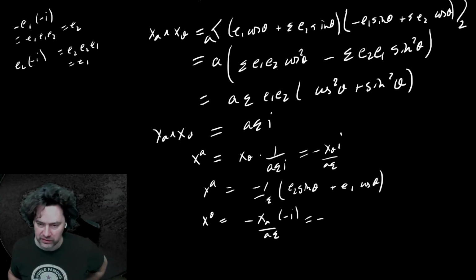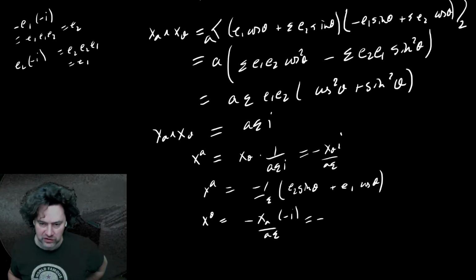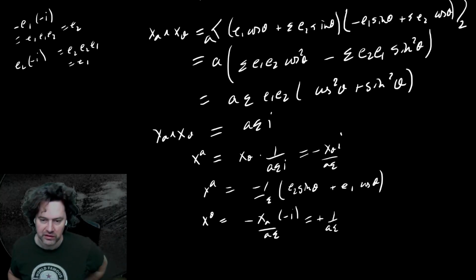So x theta, we have plus 1 over plus A epsilon and xa times I.